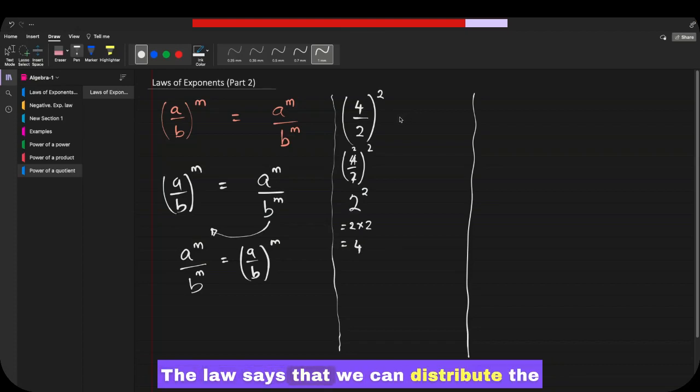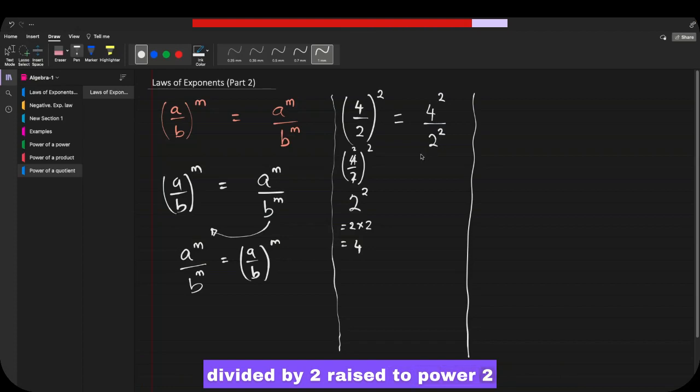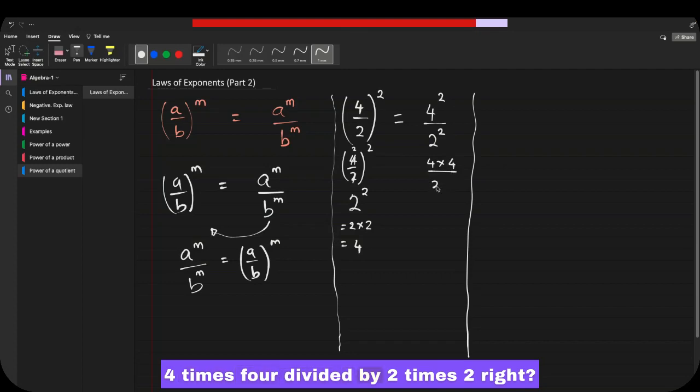Now, let's look at what the law says. The law says that we can distribute the exponent m over the two different quantities that represent the bases in this expression. So that will be 4 raised to power 2 all divided by 2 raised to power 2, right? And that becomes 4 times 4 divided by 2 times 2, right?